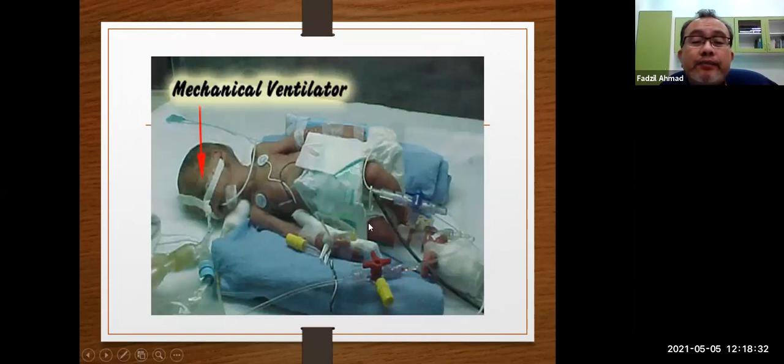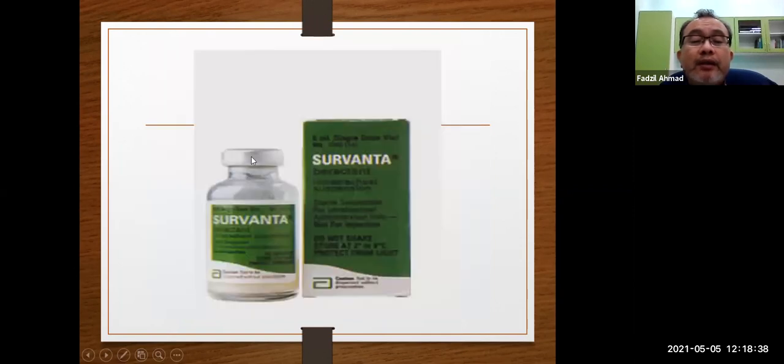The result is that many of these patients need to be ventilated, just to be supported. And the key treatment is the surfactant, artificial surfactant, for example Survanta. There are a few more. The key treatment is this. Last time when we didn't have this, many babies died. Many newborns died because of the absence of artificial surfactant.